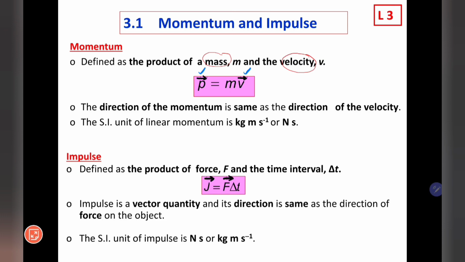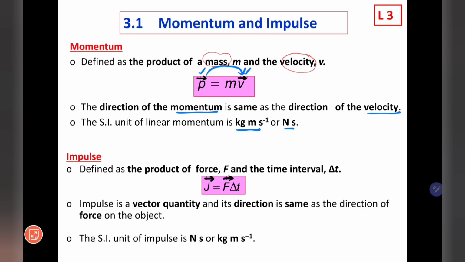The direction of the momentum is the same as the direction of the velocity. So momentum and velocity are directly proportional. When the velocity is directed to the right, of course the momentum is also directed to the right. The SI unit of linear momentum is kilogram meter per second or Newton second.